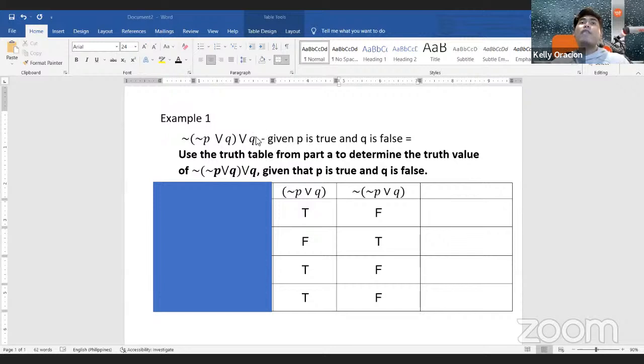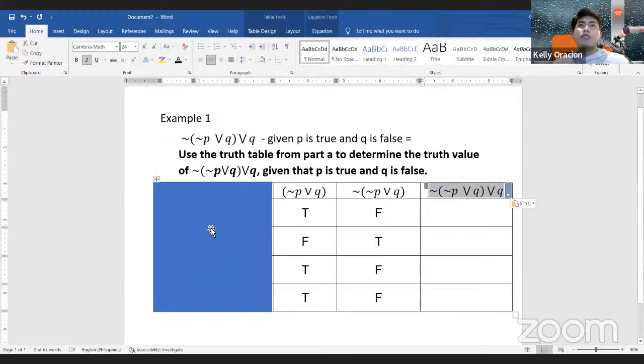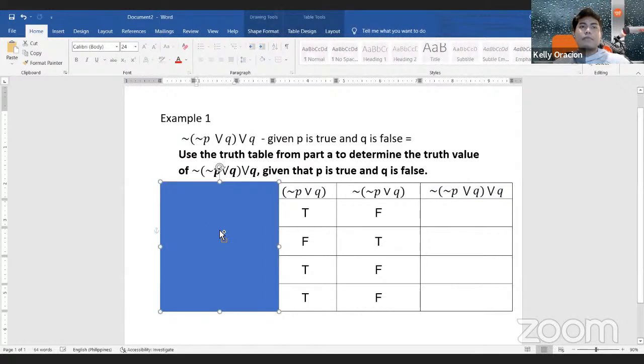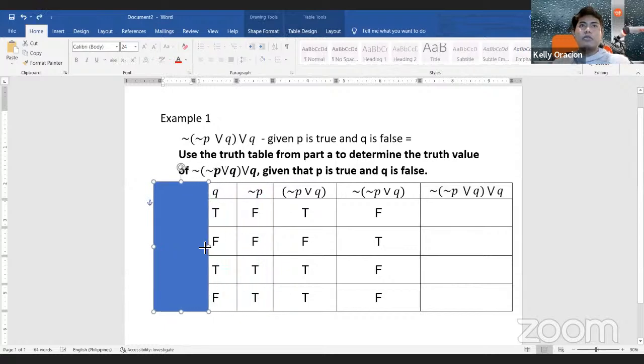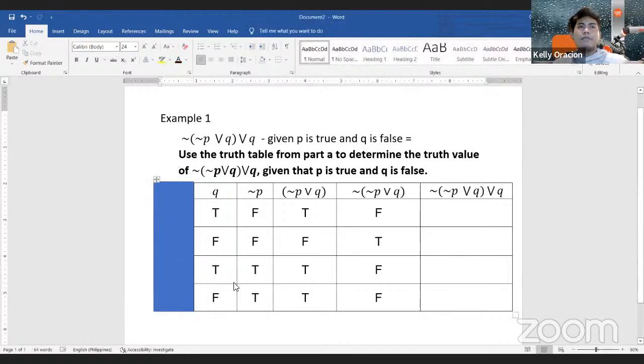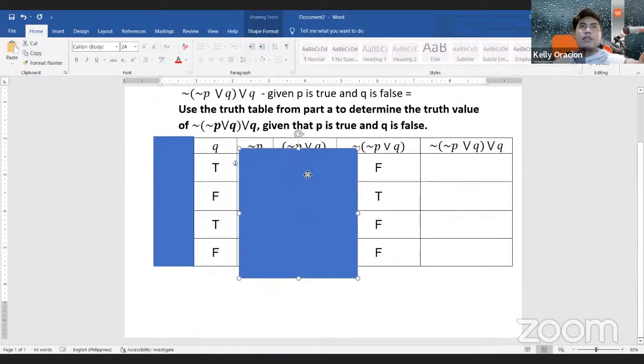Now, let's proceed to the last. Ito na yung last. Okay, para makompleto na siya, yan na yung last natin. Di ba, yan na lang yung kulang natin. So, our focus here, para ma-solve ito, our focus is itong dalawa.